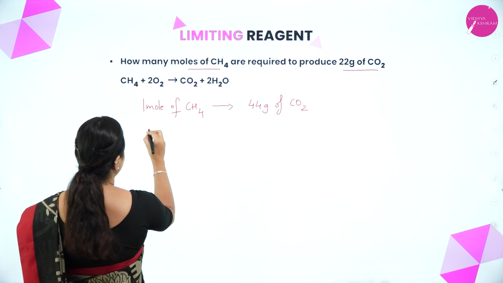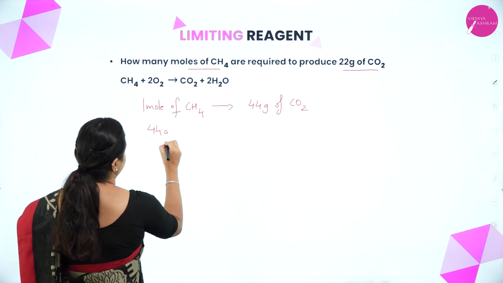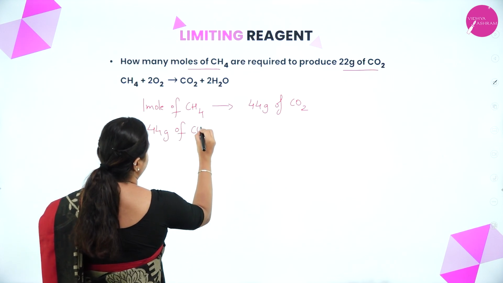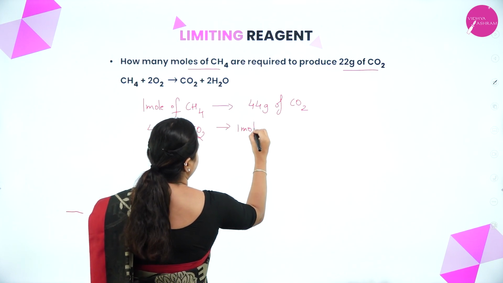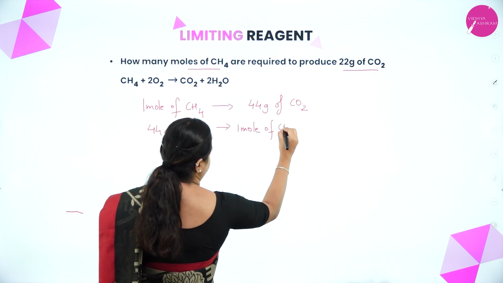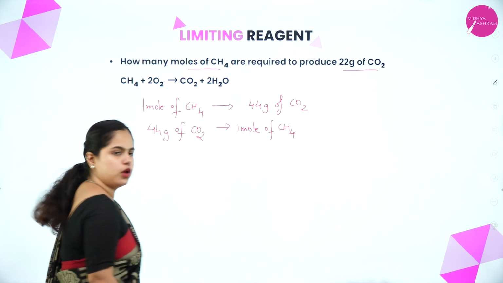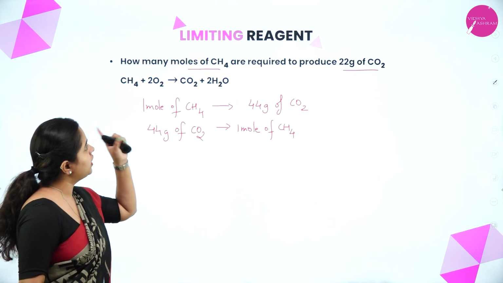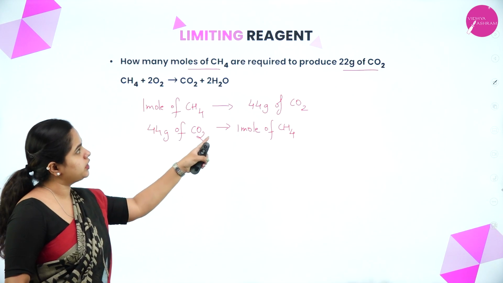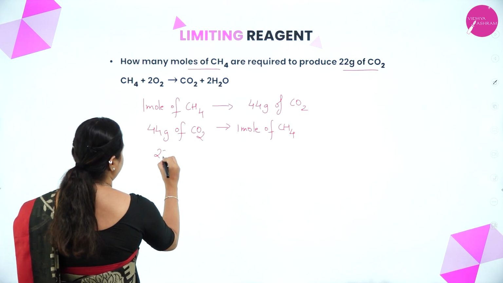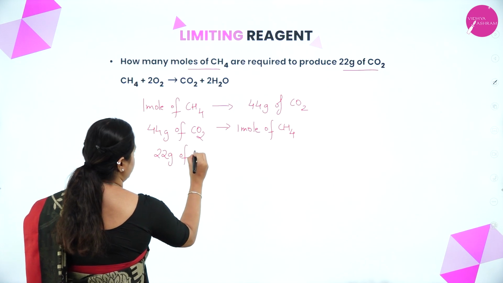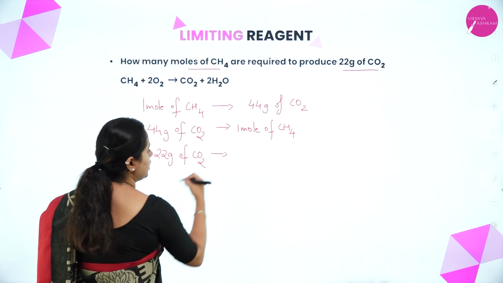So I'll write it in the opposite way, so it is easy for you to calculate. 44 gram of CO2, 1 mole of CH4. So in the question, we need to find out the number of moles of CH4 that are required to produce 22 gram of CO2. So if I need 22 gram of CO2, what will be the number of moles?